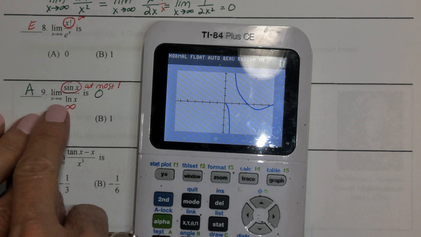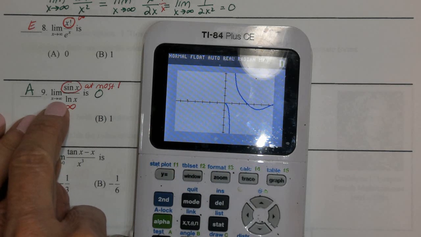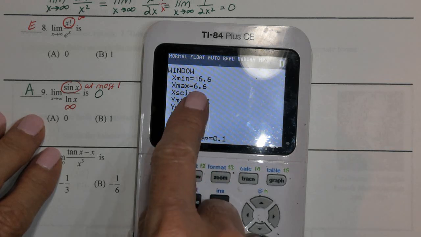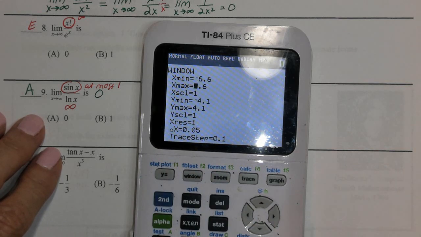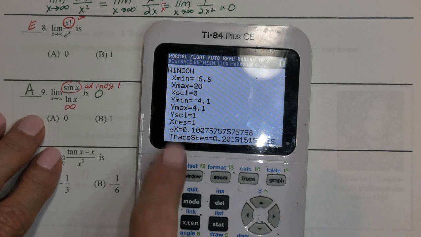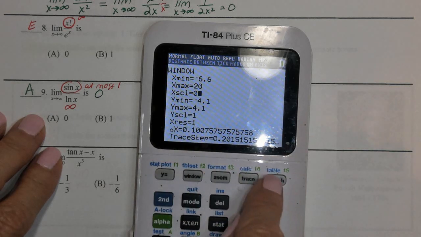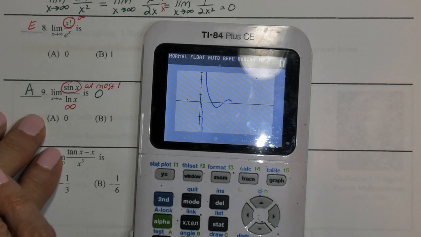What I do want to do is see what is happening as x goes to infinity. On my window, right now x is only going to 6.6. So I'm going to change that and make it go to about 20. I'm going to turn off my x-axis ticks so that there's not a bunch of tick marks on there. So there we go.